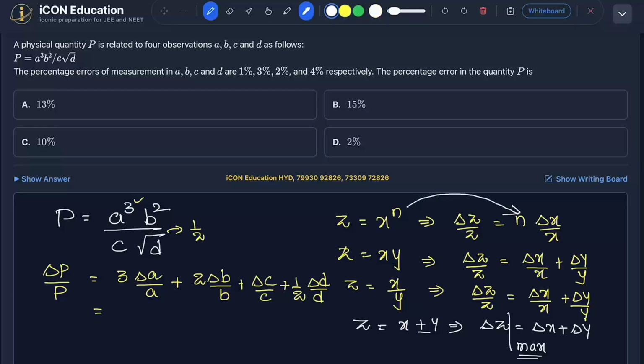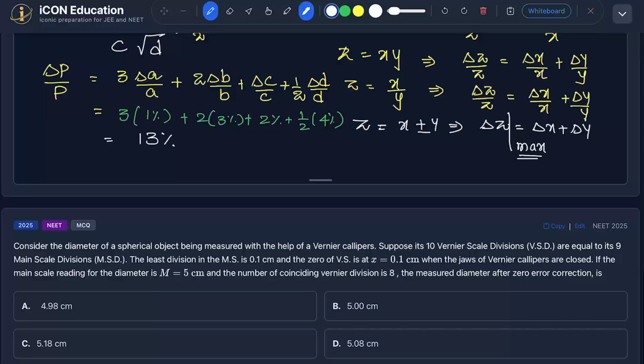If you substitute all these things, they have already given here the values 1, 3, 2, 4%. Just substitute 3 into 1% plus 2 into 3% plus 2%, and here 1 by 2 into 4%. If you substitute all these things, you'll get a 13% final answer. Okay. Next, let us go to the third question.